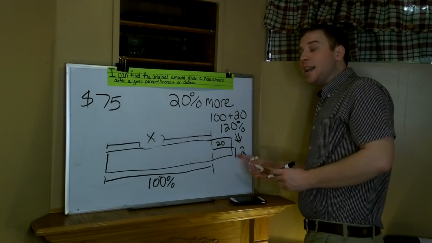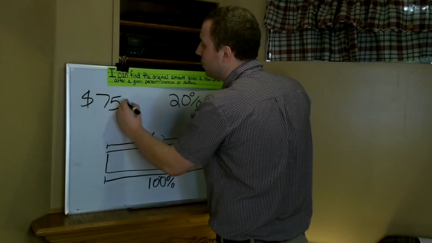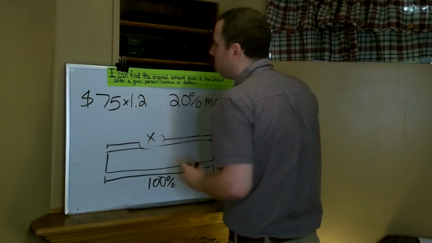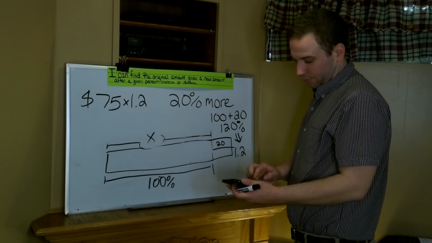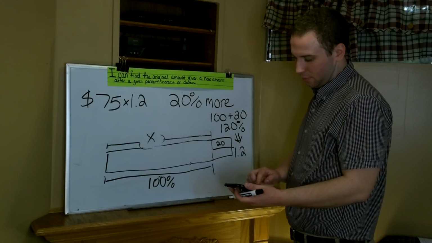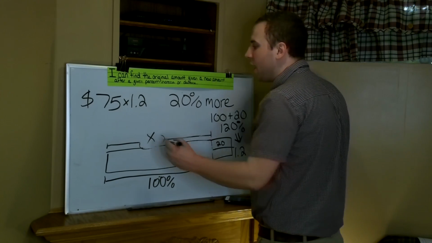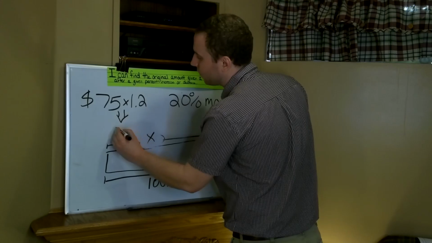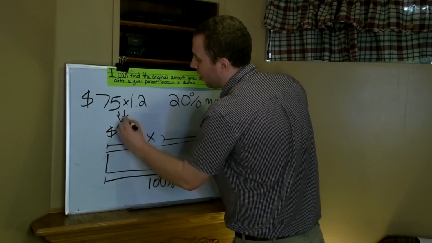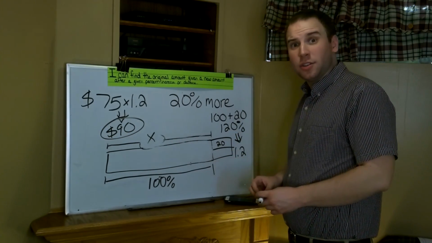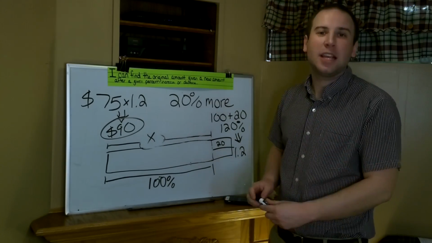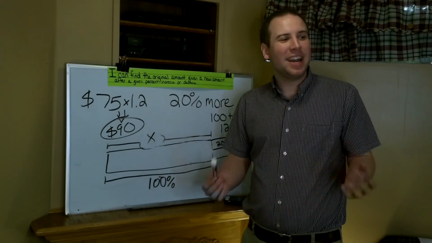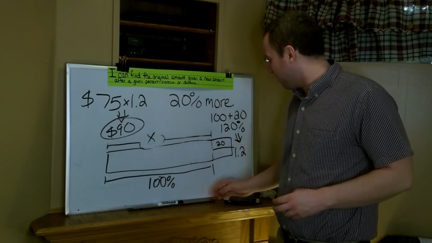We then multiply that by 75. So 75 times 1.2 gives us $90. So your new backpack that your mom's looking at the price tag going, no way, would be $90. Very good.